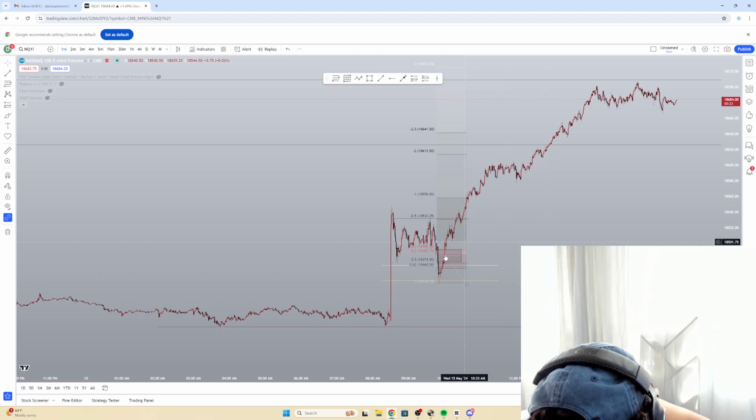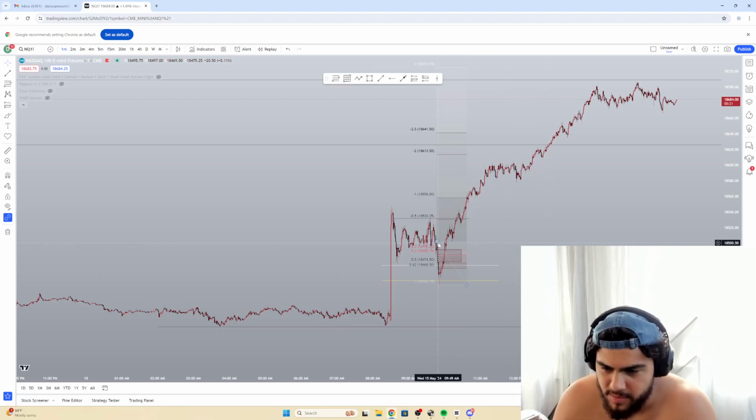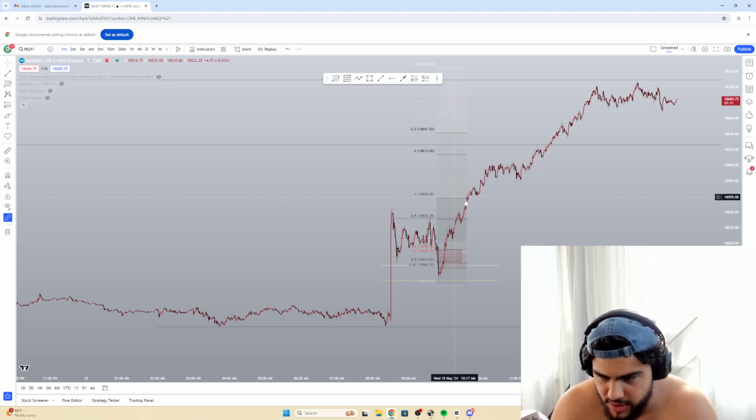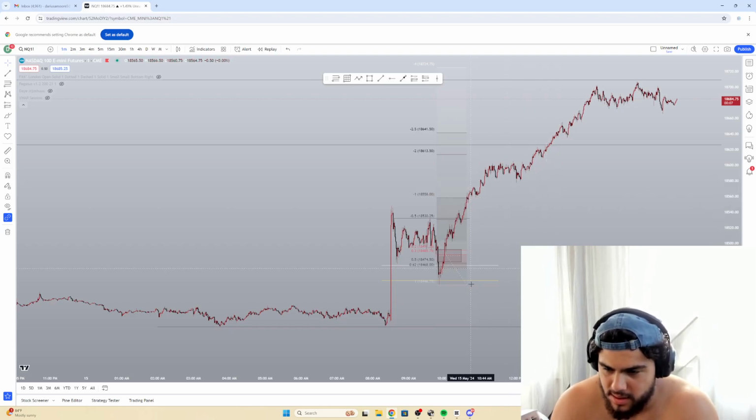That's good enough. But yeah, on the 1 minute time frame, this was the manipulation before we started our move up, and look how it pretty much perfectly aligns with the half standard deviation. And I know it's very minimal, but look what happened when we got to the first standard deviation. That is right where we started to pull back. I want to see what we did when we got higher.